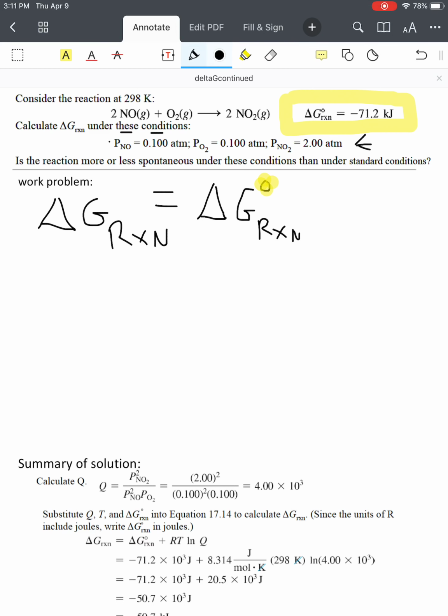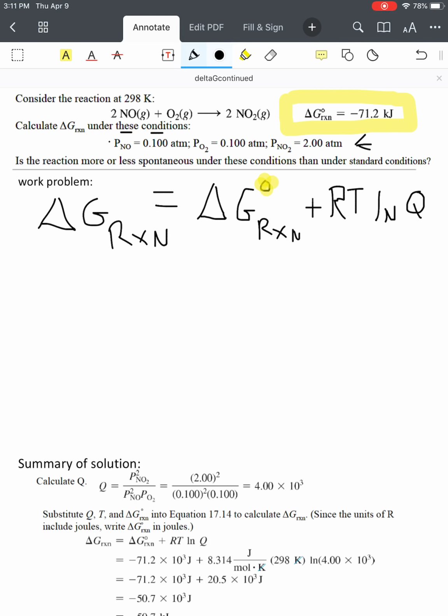All right, but if we understand that, we can continue writing our equation. And what the equation says is that if we add R times T times the natural log, which is ln, this is not log, it's ln, the natural log. So when you're computing with your calculator, make sure you push the right button. It's the ln button, not log.